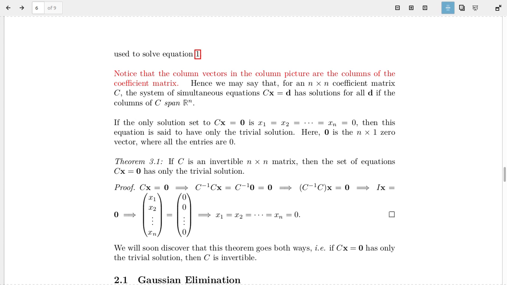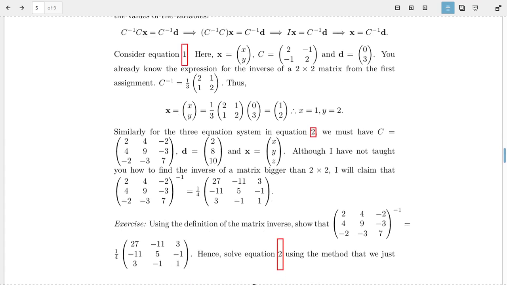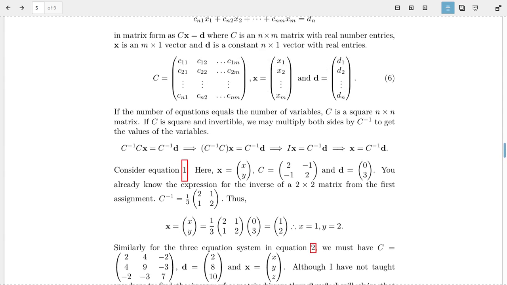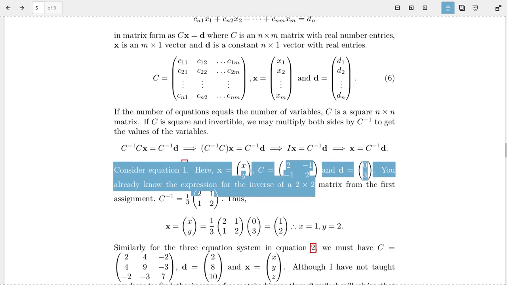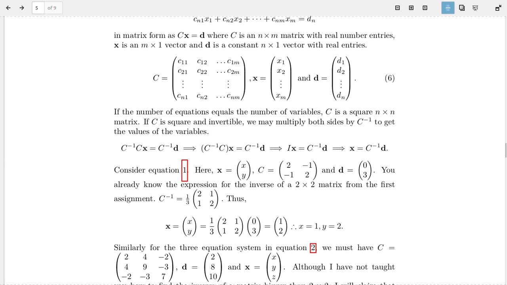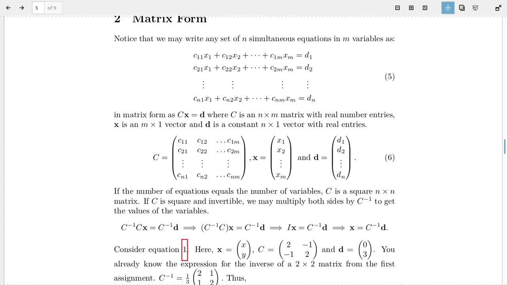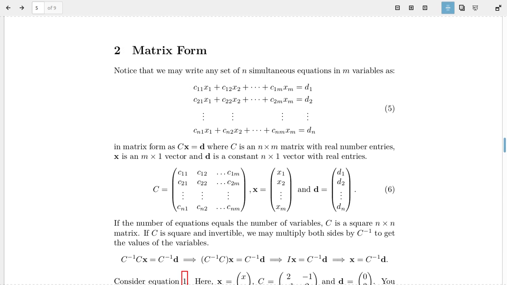So, for example, in the coefficient matrix for equation one, what was it? 2 minus 1, and minus 1, 2. These are the columns in the coefficient matrix of equation 1, the two simultaneous equations with two variables.